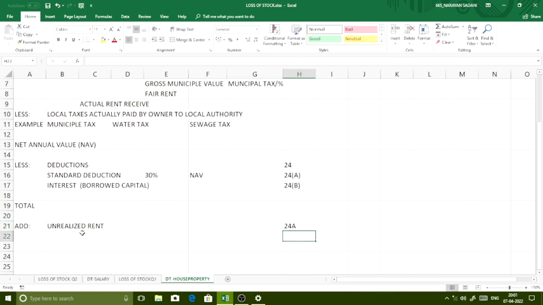In section 25A, we add the unrealized rent, and we also deduct the deductions at the rate of 30%.